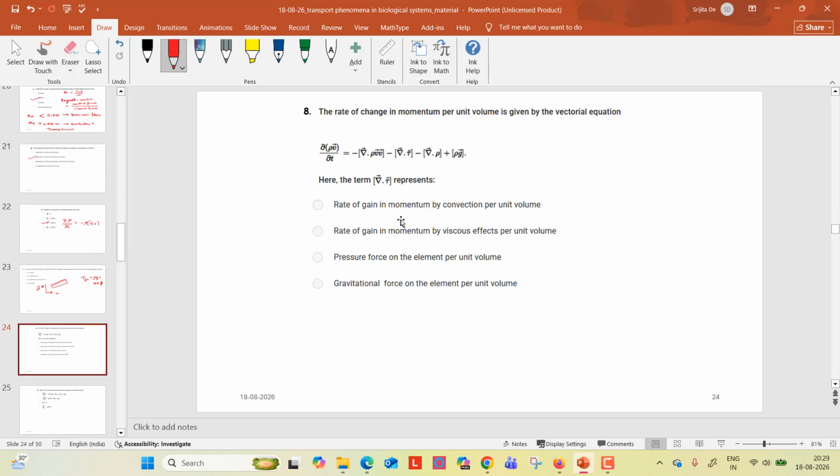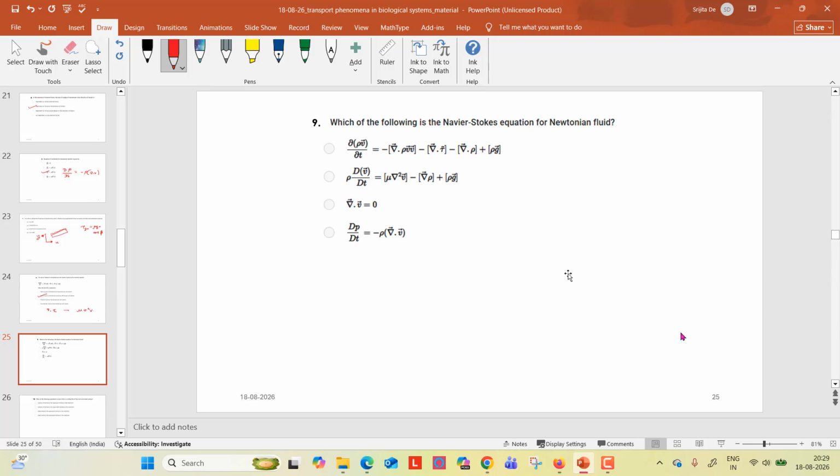The options are: rate of gain in momentum by convection per unit volume, rate of gain in momentum by viscous effects per unit volume, pressure force on the element per unit volume, gravitational force on the element per unit volume. So it is the stress term or viscous term, so it will be option B, rate of gain in momentum by viscous effects. So this divergence of tau will ultimately change to the form that I have written, mu grad square V, right?